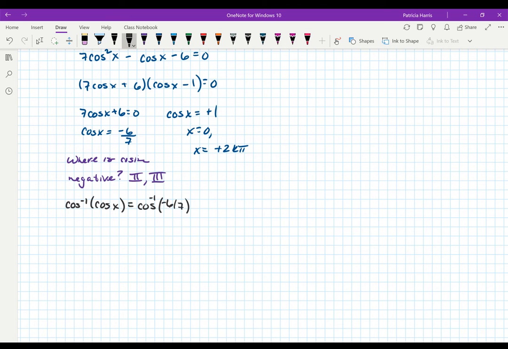Okay, so let's see what the calculator spits out. 2.6. Now this answer, this is in quadrant 2.